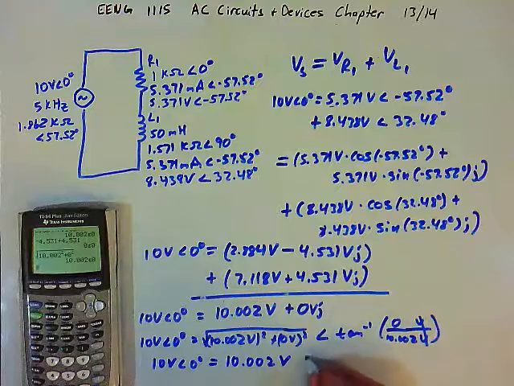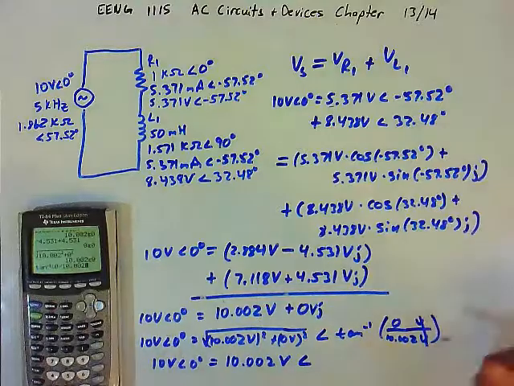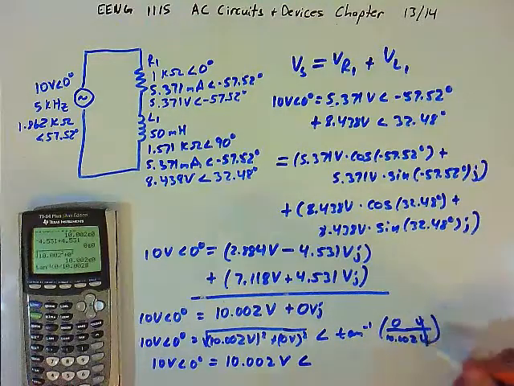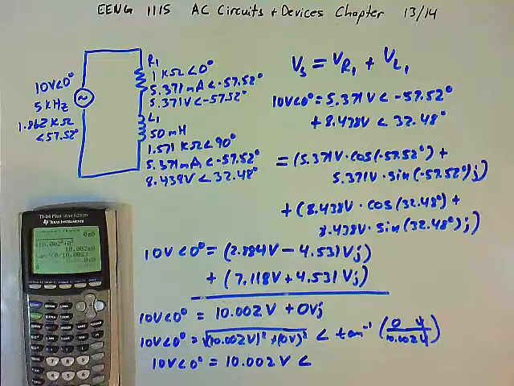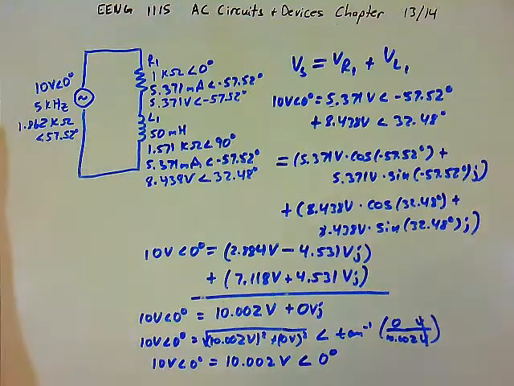The angle will be the inverse tangent of 0 divided by 10.002. Of course, 0 divided by any number is 0. So the inverse tangent of 0 is 0 degrees. And we can see that these are equal. So Kirchhoff's law holds true. If we have two components in series in a circuit, their voltage drops should add up to the source voltage, and they do. And so that's how we know we've got the right answers here.